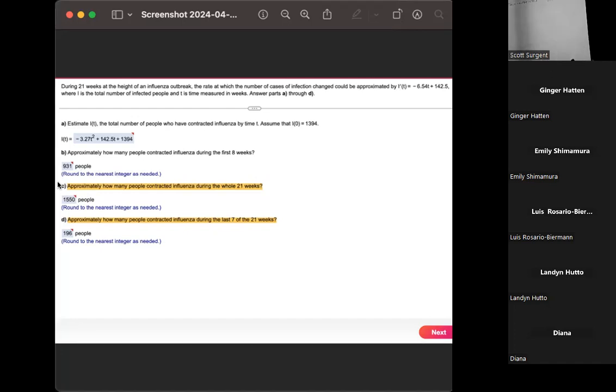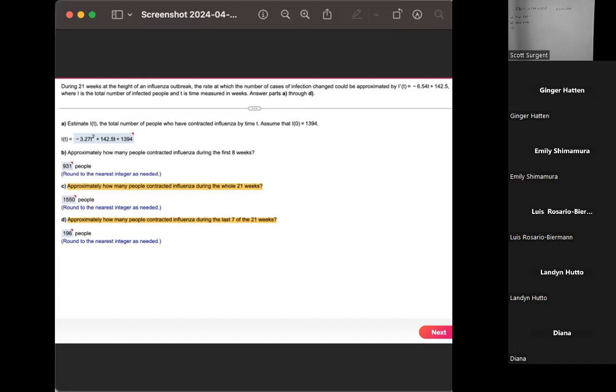So let me copy these real quick. In the second case, we want to find how many people contract influenza in the first 8 weeks. It's mostly C and D that I was having issues with. The first two were okay to get the answers for. Okay, let's take a look.